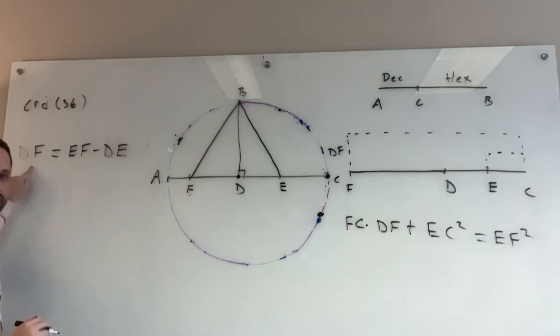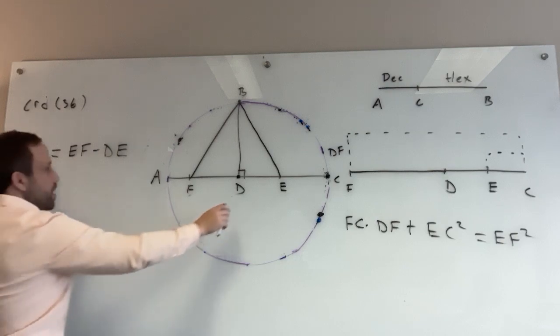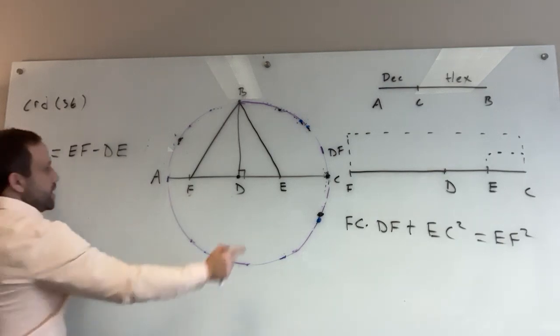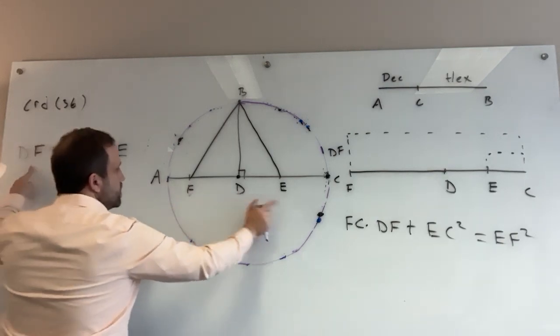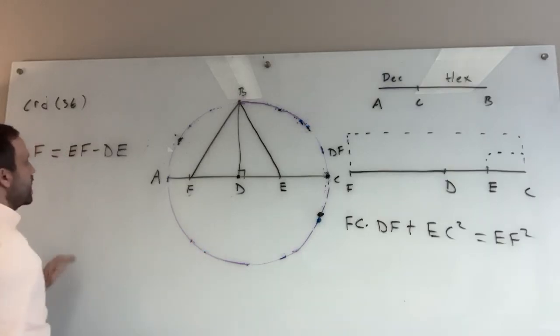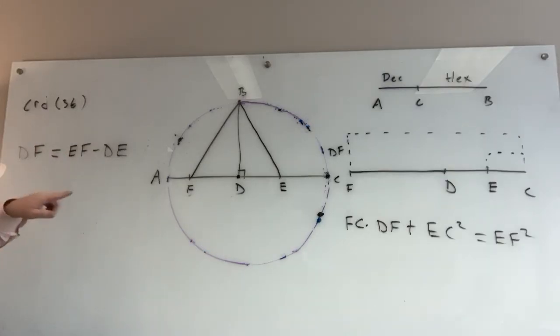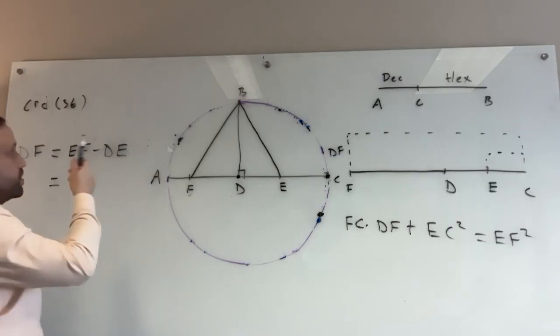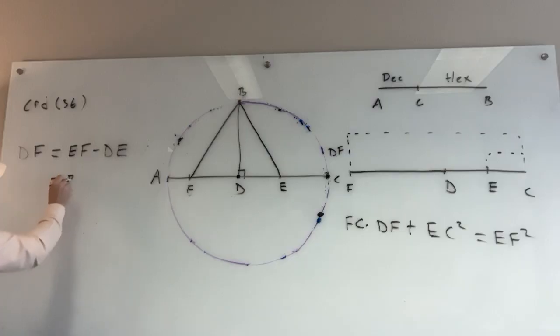DF, which is the side length of the inscribed decagon, is equal to chord 36. So DF is equal to EF minus DE. But now what is EF equal to? Remember, EF is chosen so that it is equal to BE. So EF is equal to BE.